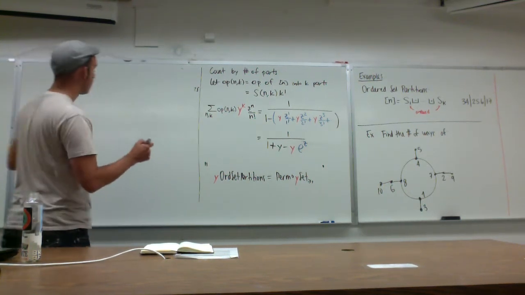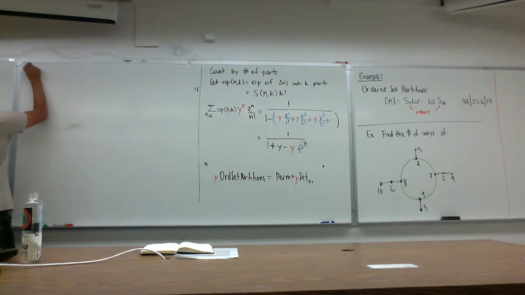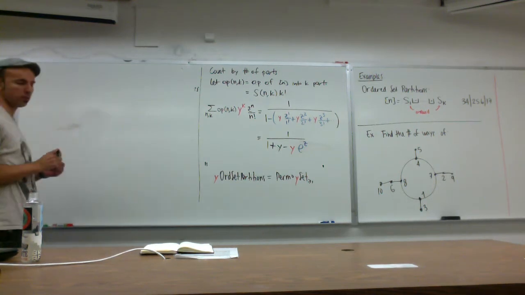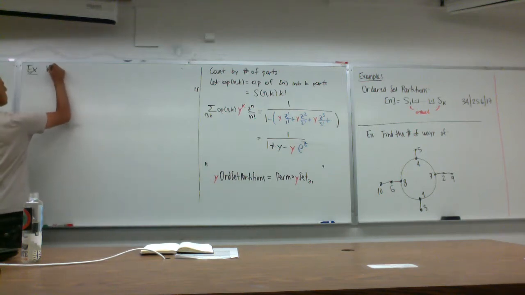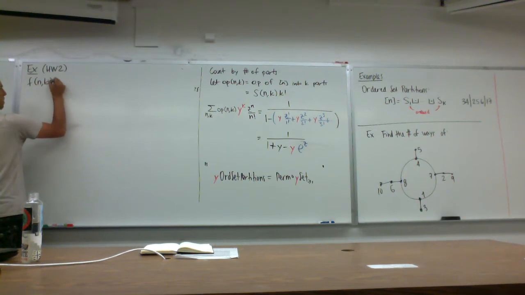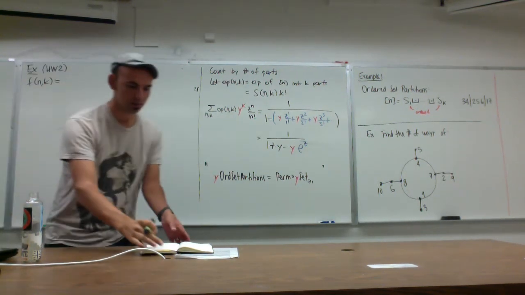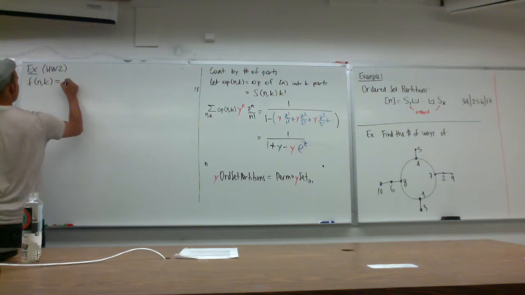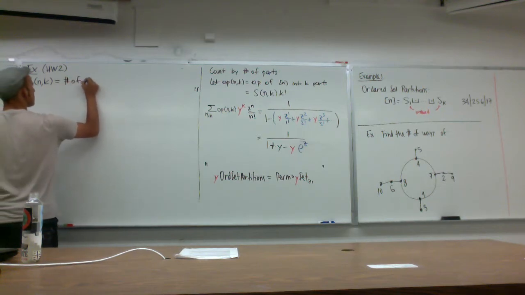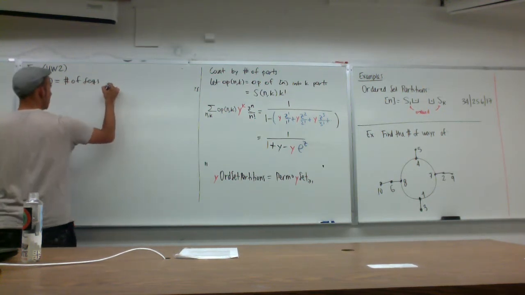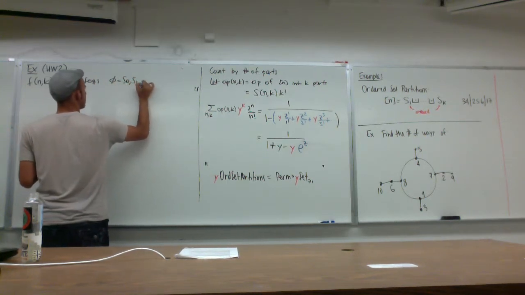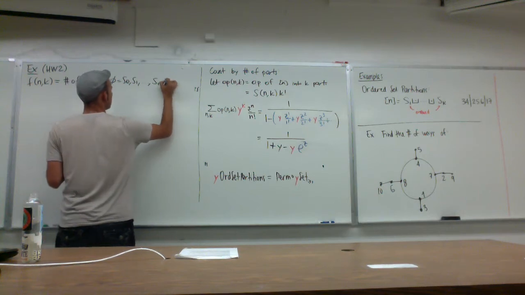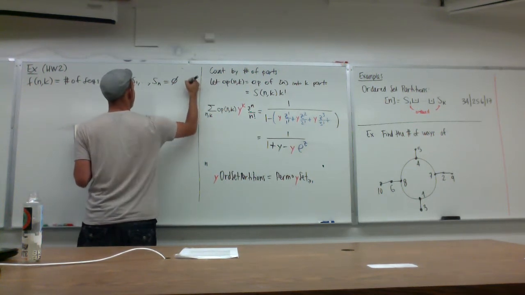Okay, so let me give you another example of this. And this example comes from homework 2. So f of nk is going to be the number of sequences of sets S0, S1, up to Sn. They start with the empty set, they end with the empty set.